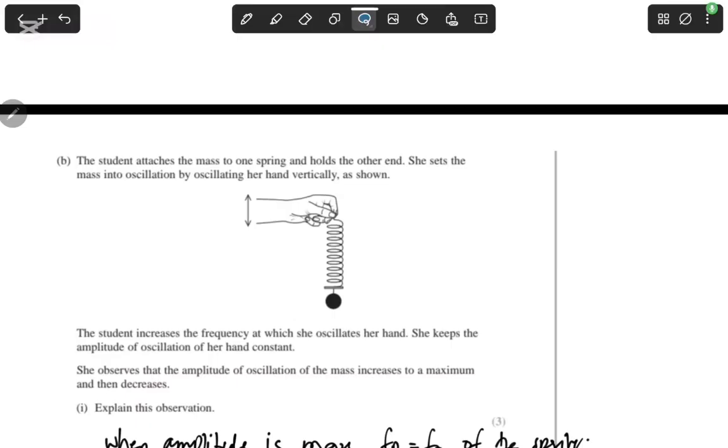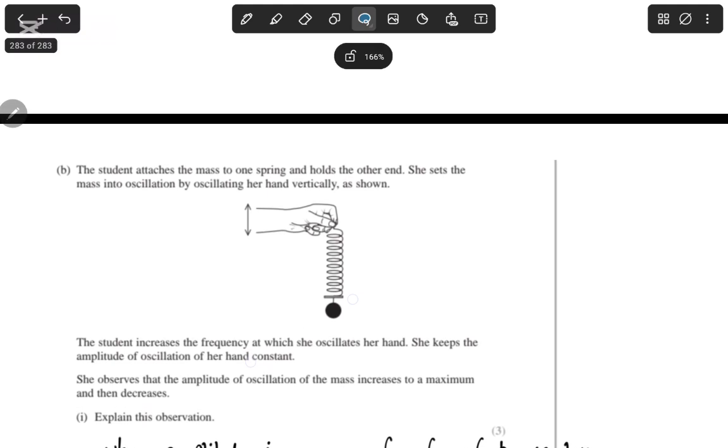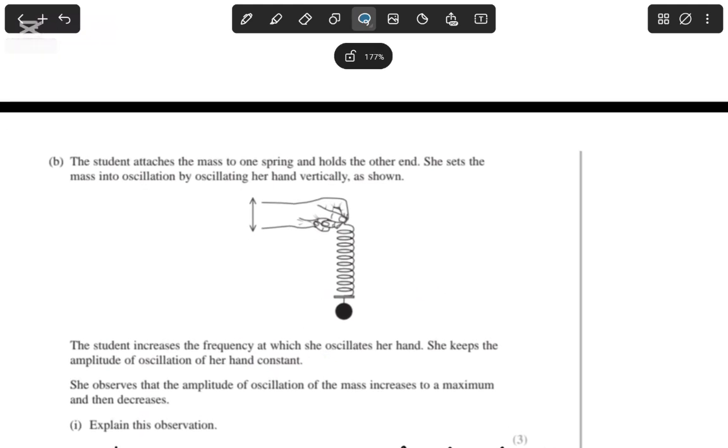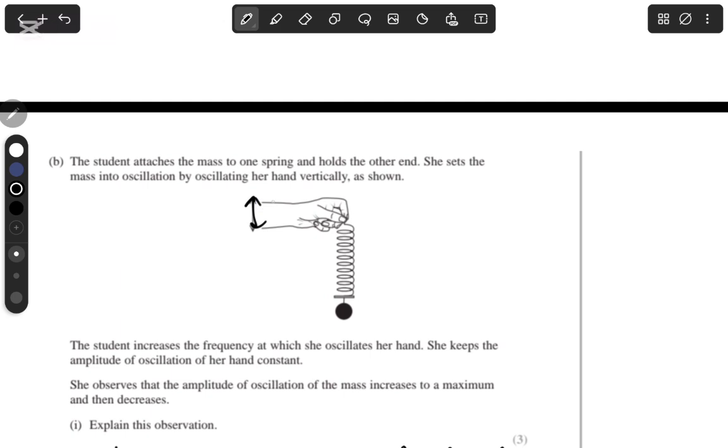So what we understand, and what's going to happen now, is that the person with the hand is going to cause the spring to oscillate. Now this spring has a natural frequency f0, and then we have the driving frequency, which is the frequency of this hand, which is moving up and down with a constant amplitude.